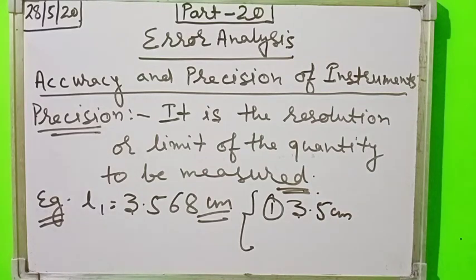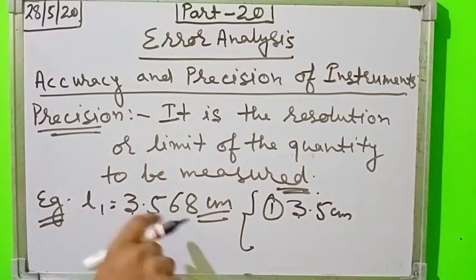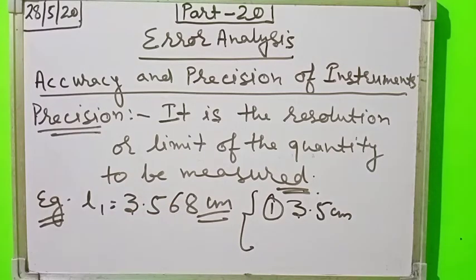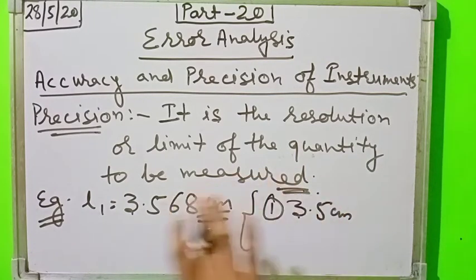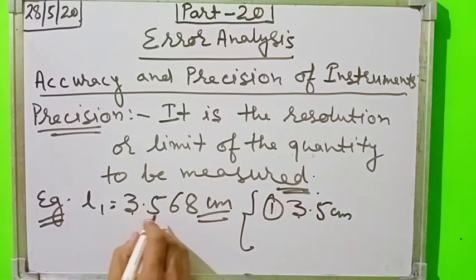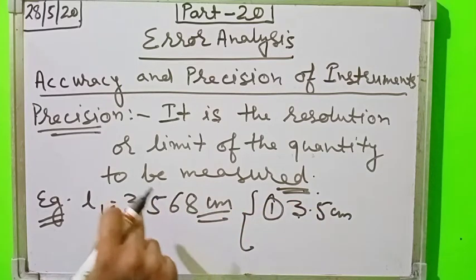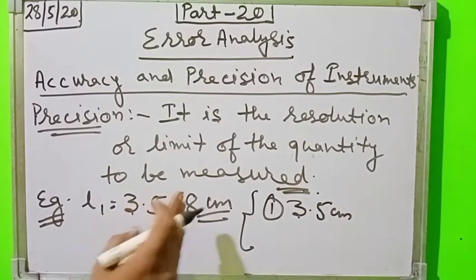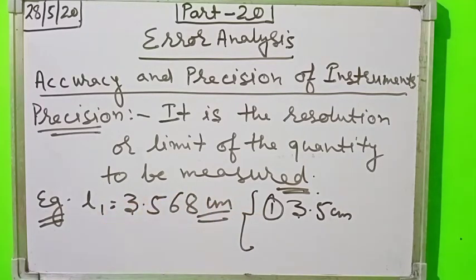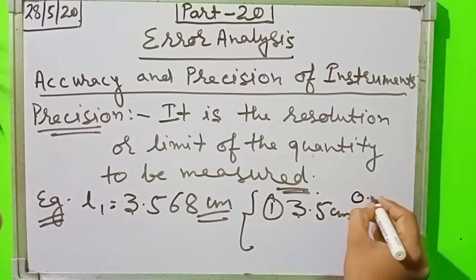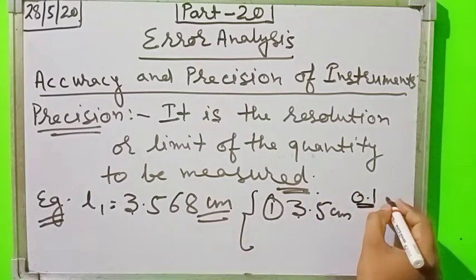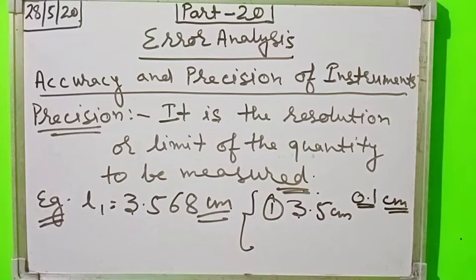Now, whatever the instrument you had used to measure the length of the given object, 3.568 centimeter, it gives the measurement only 3.5 centimeter, up to 1/10th part of the decimal. It means to say that the resolution of the instrument is 0.1 centimeter. The limit of resolution of that instrument is 0.1 centimeter.